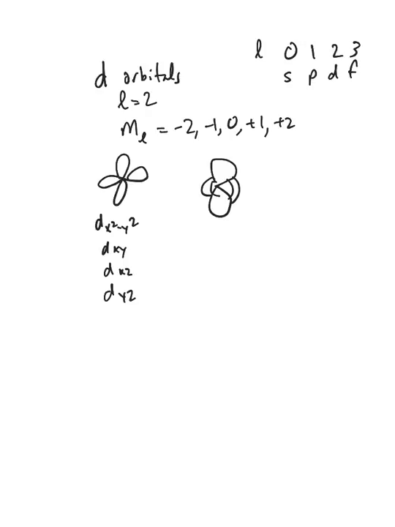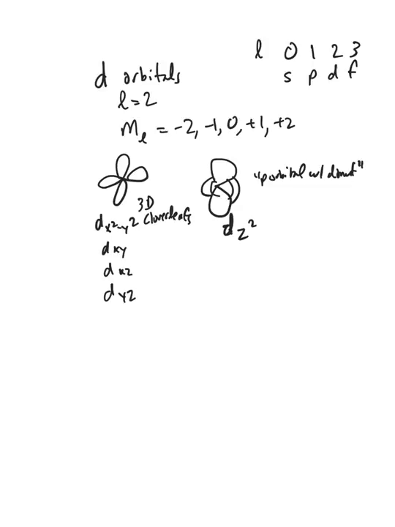These are the 3-dimensional clover leaves. Whereas there's a single one that's called the d z squared. It's sort of like a p orbital with a donut around it.